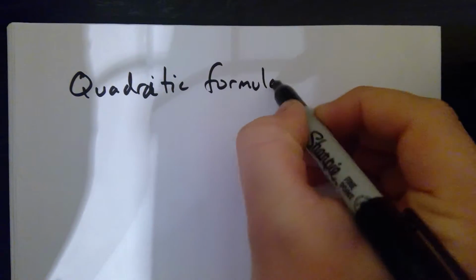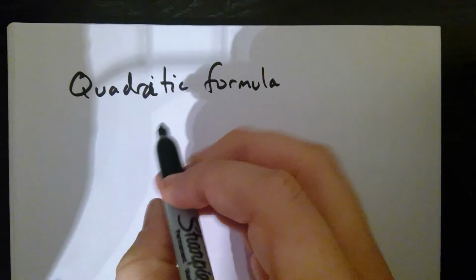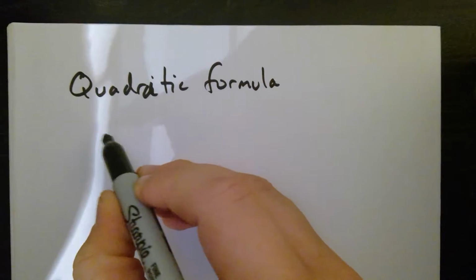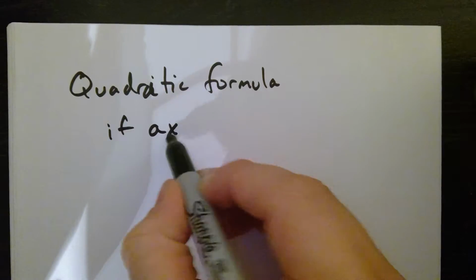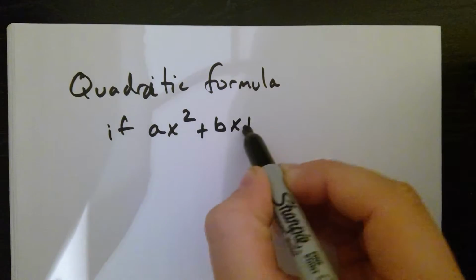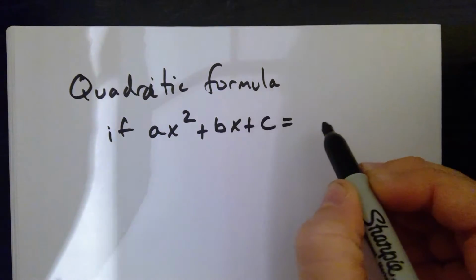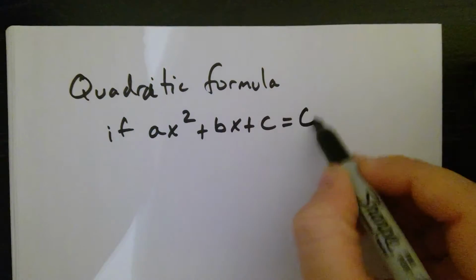We have this cool formula called the quadratic formula. This tells us that for any equation, so if we have ax squared plus bx plus c equals, what must it equal? 0.